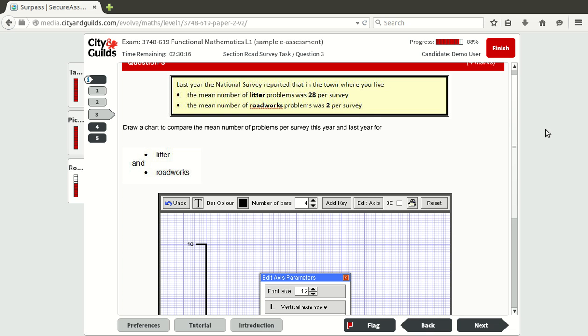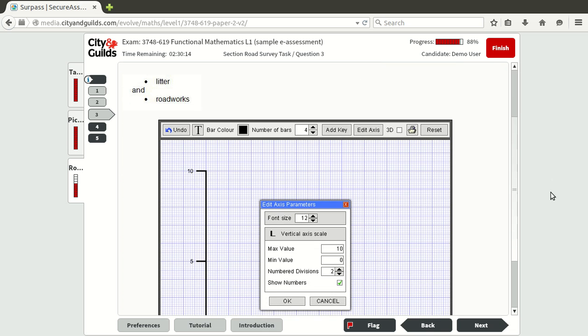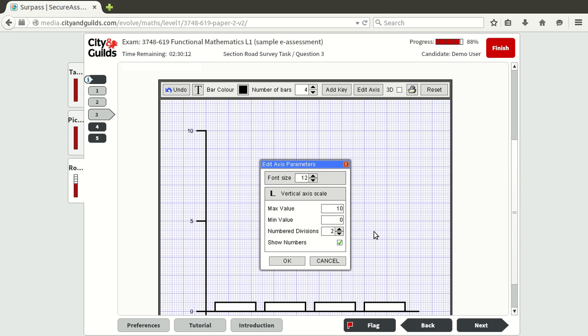So I can probably say my maximum value, my highest value, would be 30, like that. 30. And I'll just change my division to 1.